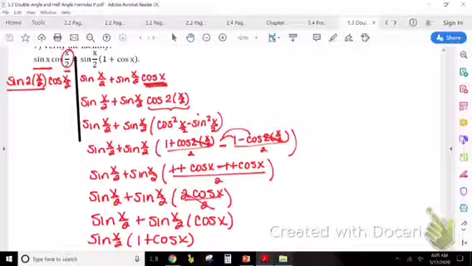So let's use our double angle formula. Sine of 2x is equal to 2 sine of x cosine of x. So this is going to become 2 sine of x, which is x over 2, cosine of x, which is x over 2, times this cosine of x over 2. Sorry, I'm having to squeeze it in there.